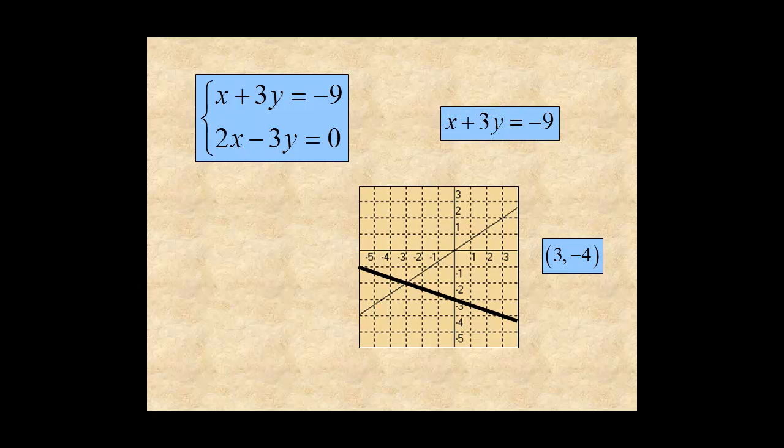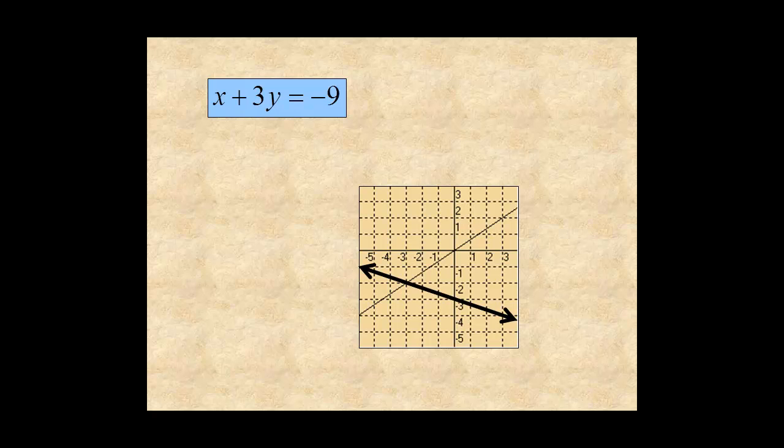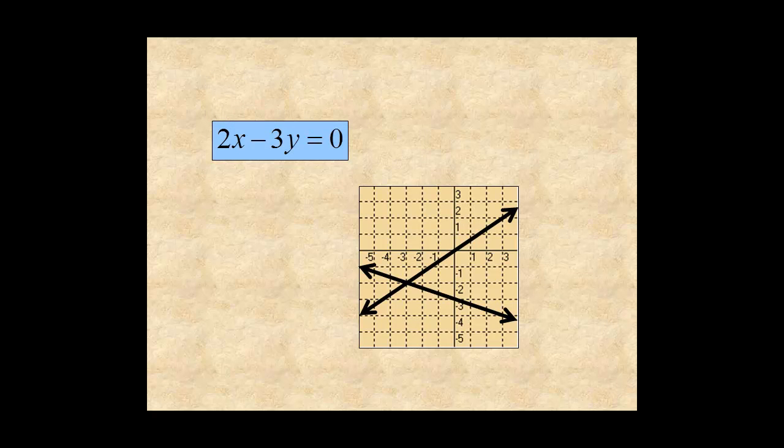And it's not just this one point, but the coordinates of the infinite number of points on the line are solutions of the equation. So if this graph shows the solutions of the first equation, and this graph shows the solutions of the second equation, the point where they intersect shows a solution common to both equations.